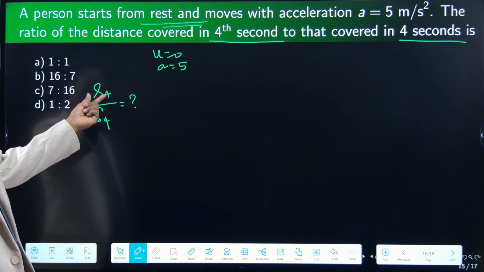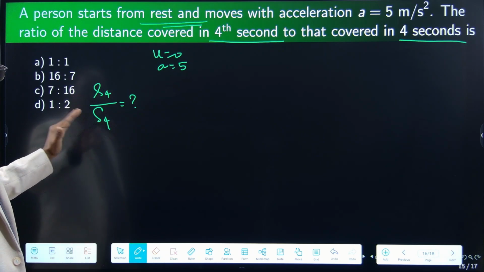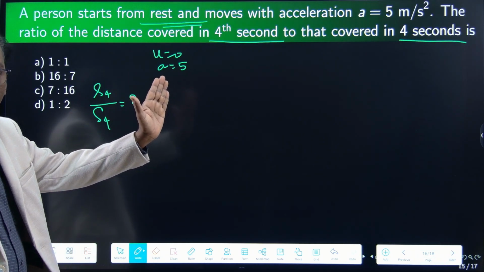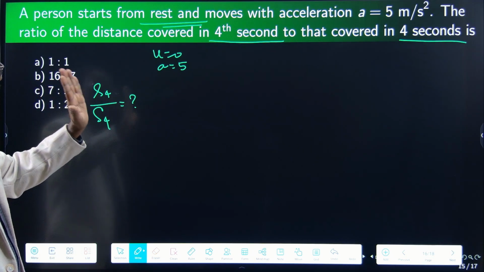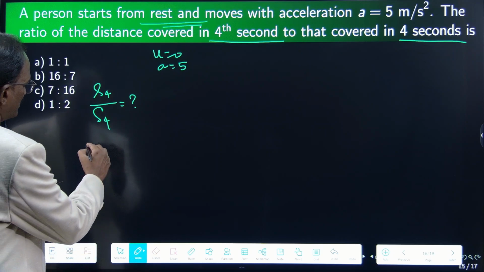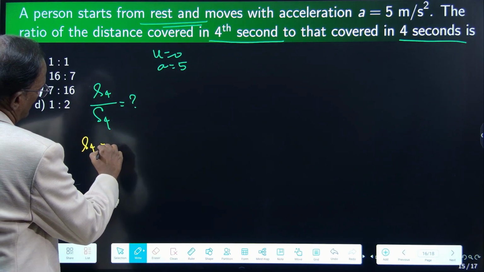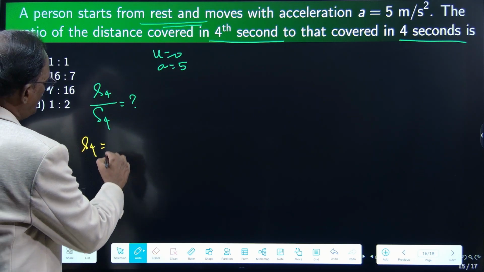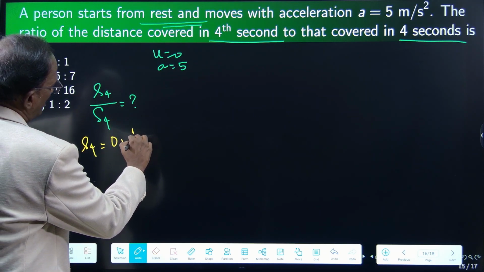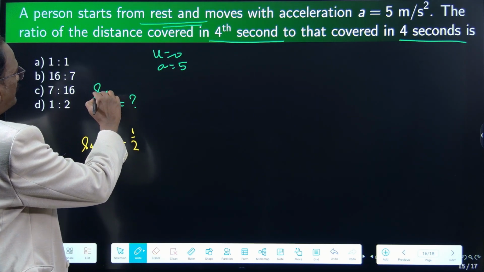Distance traveled in the 4th second, and this is the distance traveled right from the beginning up to 4 seconds. So what is the formula? S suffix 4 we will write as u, which is 0, plus a... let me write the formula first.